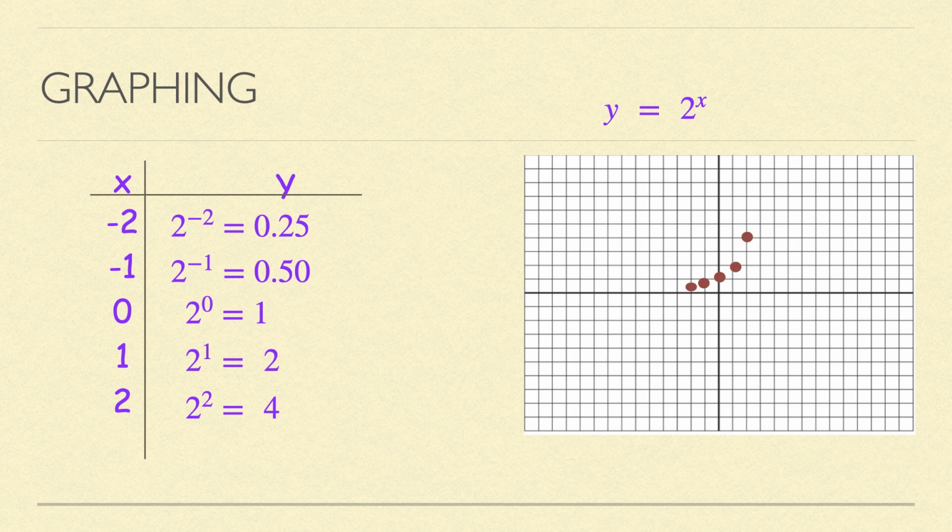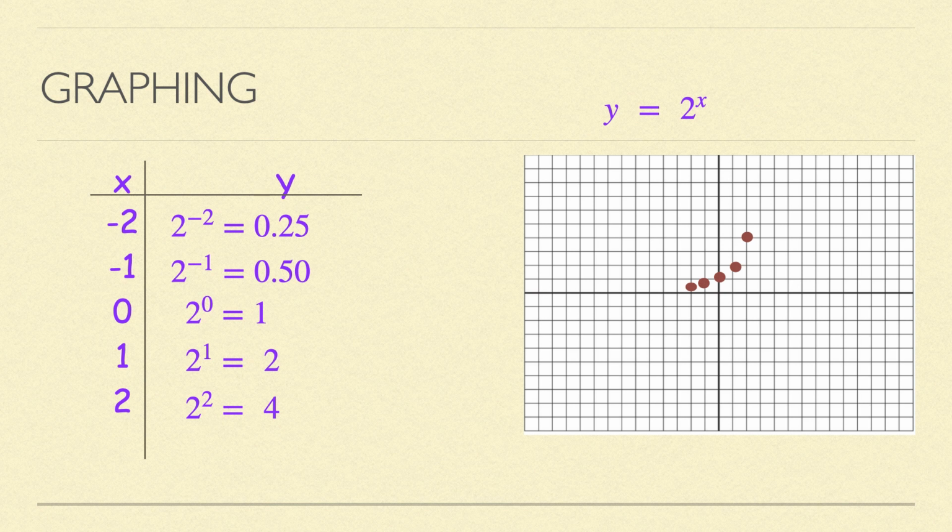Now notice as we went from left to right, the values were getting bigger, meaning that it's increasing, going from left to right. Okay, our 2 is greater than 1, meaning it's increasing, meaning that it is a growth.